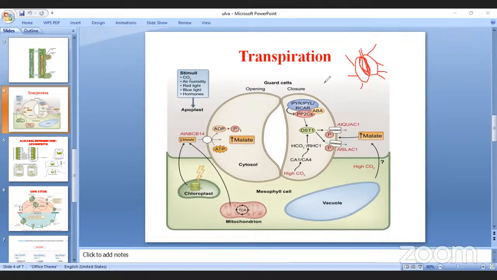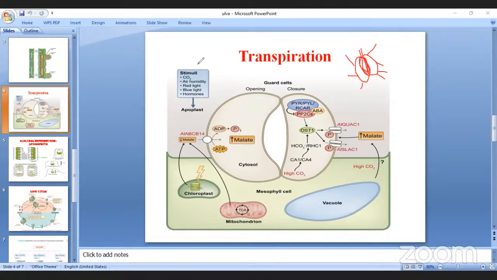First of all, these are the guard cells given. First, see what happens during daytime. To explain this, the K plus pumping theory was proposed by Levitt. Levitt proposed the K plus pump theory to explain the mechanism of opening and closing of stomata.